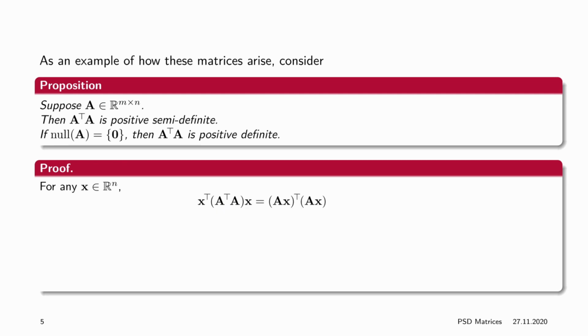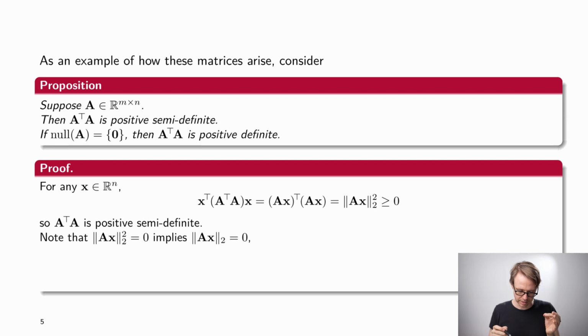If we pull in A in front of x, we get the inner product between Ax and itself, which is equal to the squared L2 norm of Ax, which is larger or equal to 0. Because Ax is again some vector, and for any vector, the squared L2 norm is larger or equal to 0. And this proves the positive semi-definiteness of A transpose A.